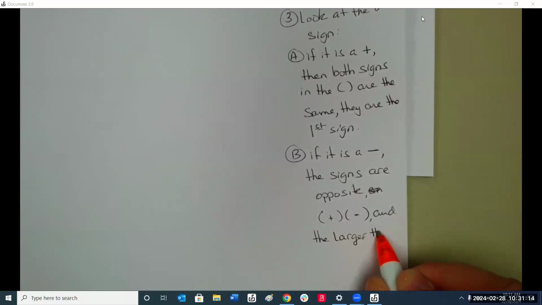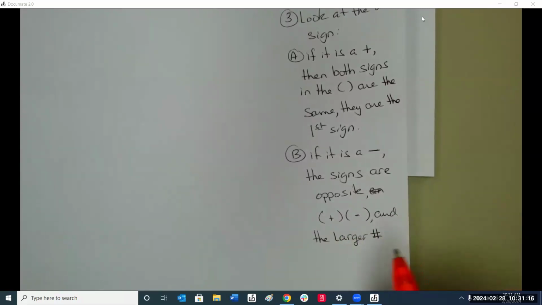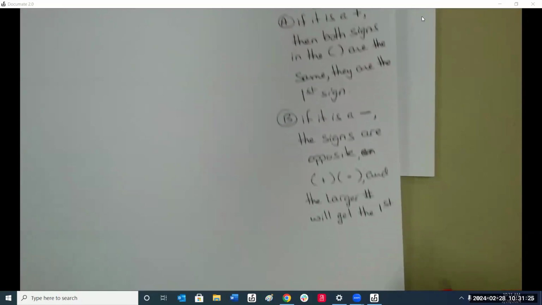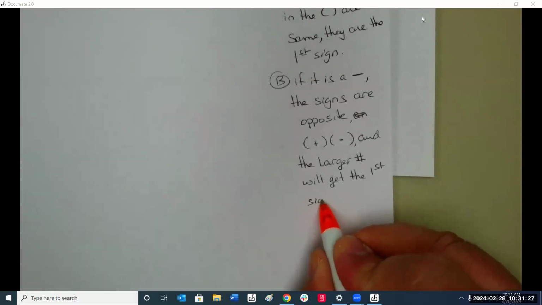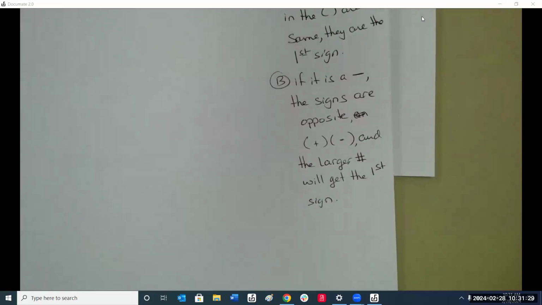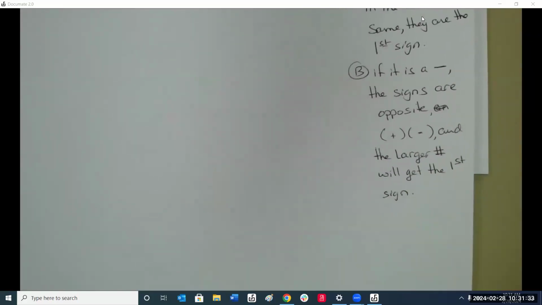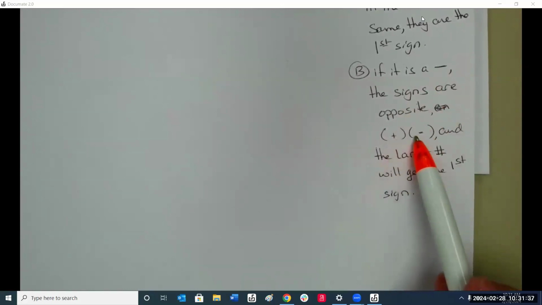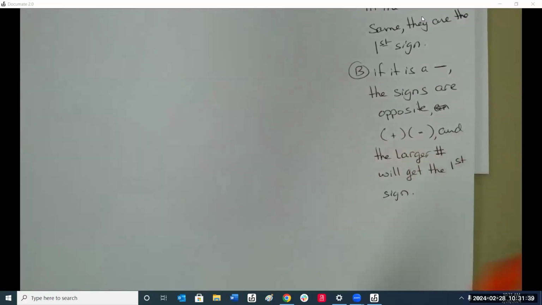And the larger number that we're going to find next will get the first sign. So if the second sign is a minus, that means the signs are opposites. One's a plus, one's a minus. And when we find the numbers, the bigger number gets the first sign.